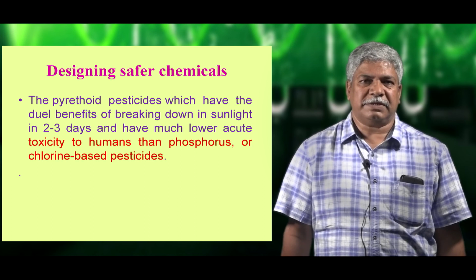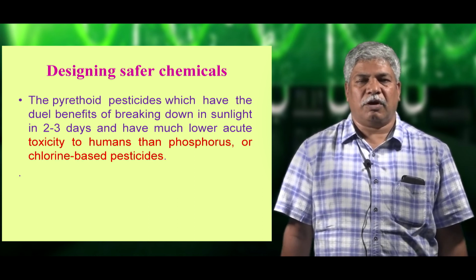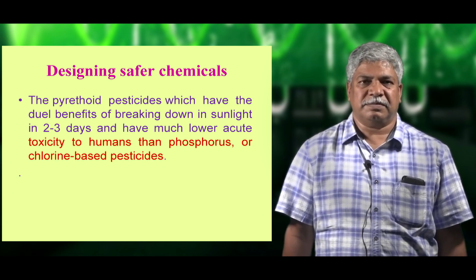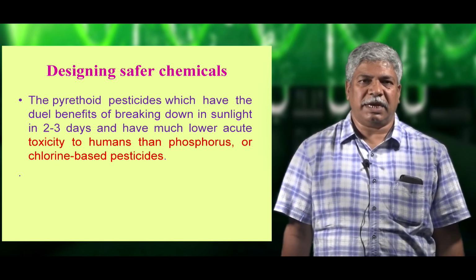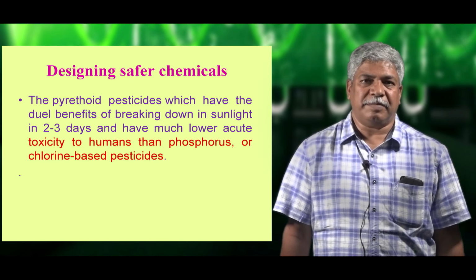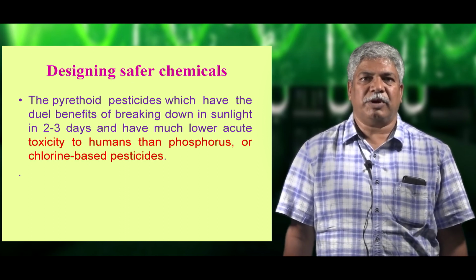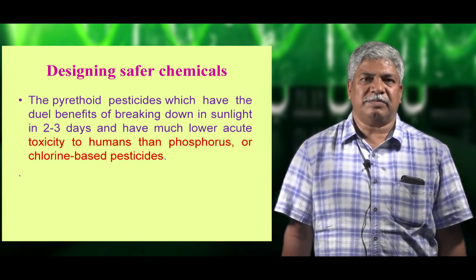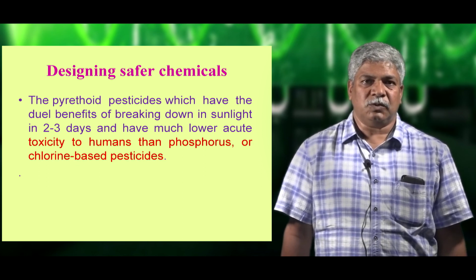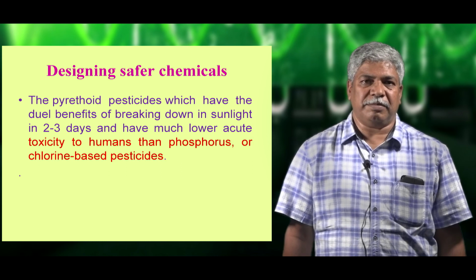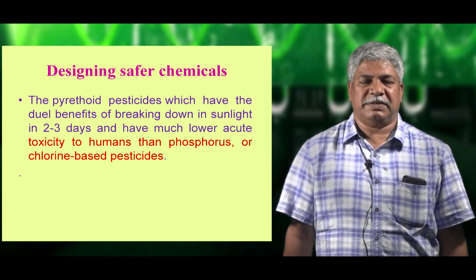Normally phosphorus and chlorinated compounds are used as pesticides, but unfortunately these compounds are non-biodegradable. To quote an example, DDT is not at all biodegradable, and it has even been found in polar bears. So nowadays efforts are being made to prepare pyrethroid pesticides.